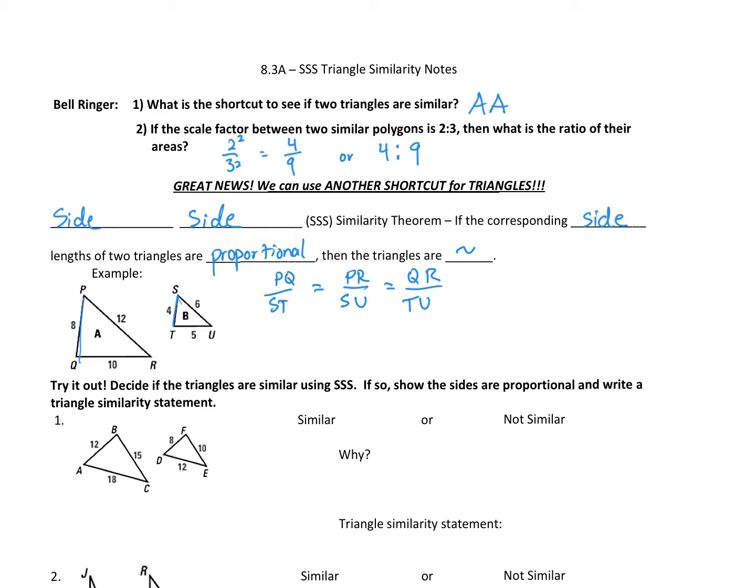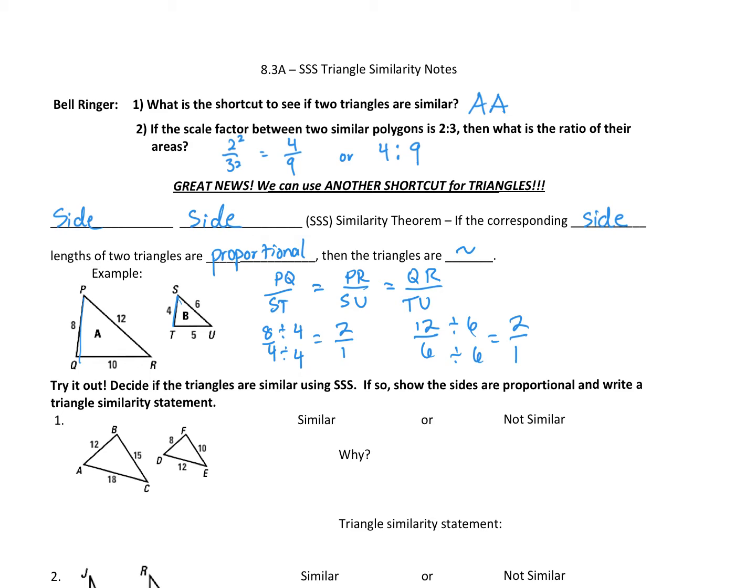So let's see here. PQ over ST is 8 over 4. If I simplify that by dividing both by 4, this gives me 2 over 1. PR is 12 over 6. If I divide both by 6, this gives me 2 over 1.